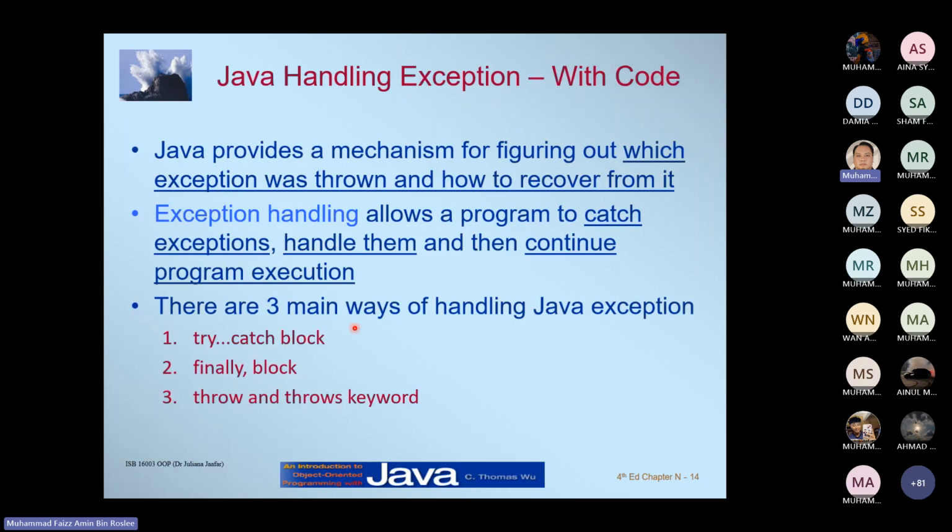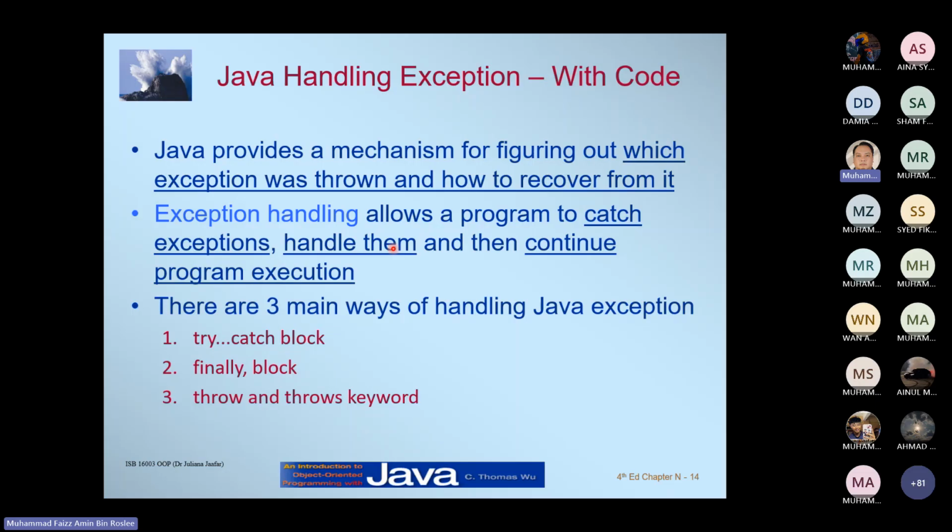Okay, Java handling exception with code. Java provides a mechanism for figuring out which exception was thrown and how to recover from it. Exception handling allows a program to catch exceptions and handle them. So basically you try your program.